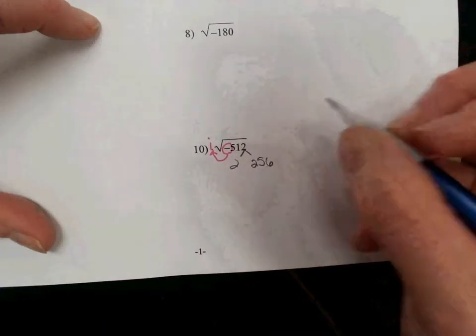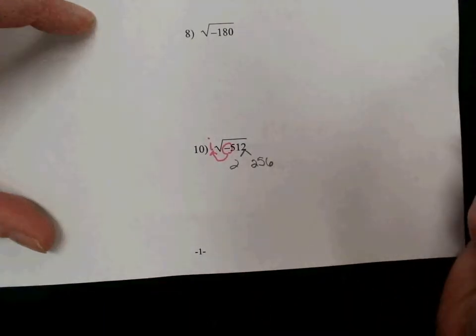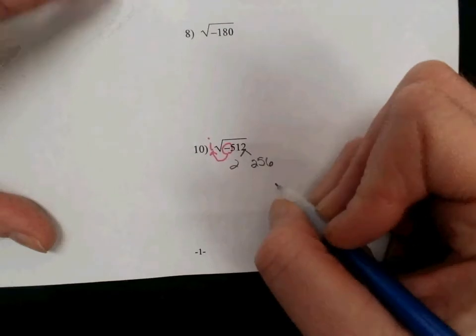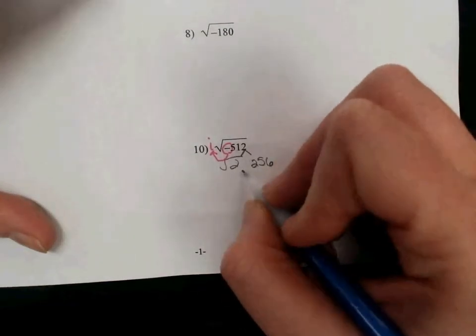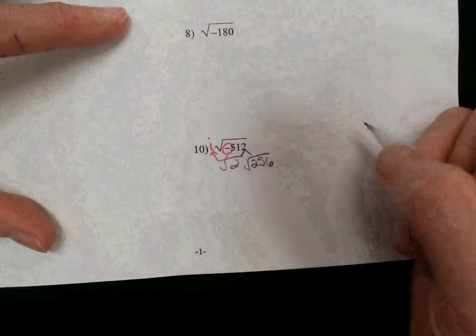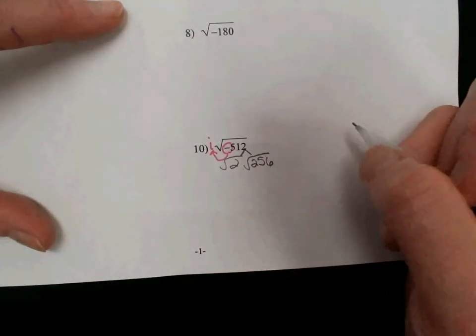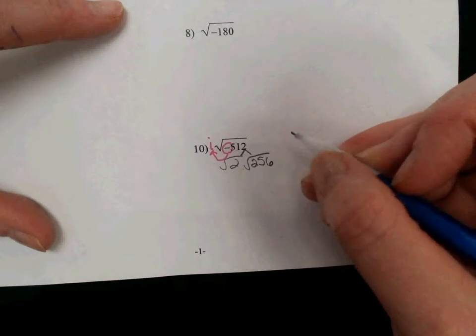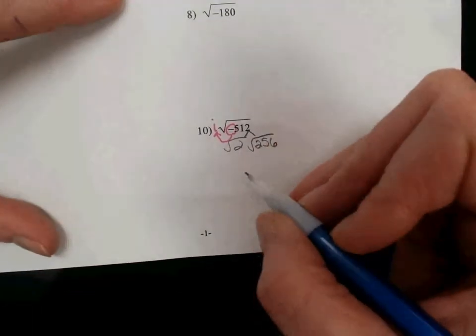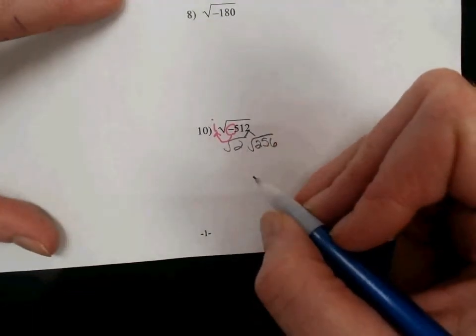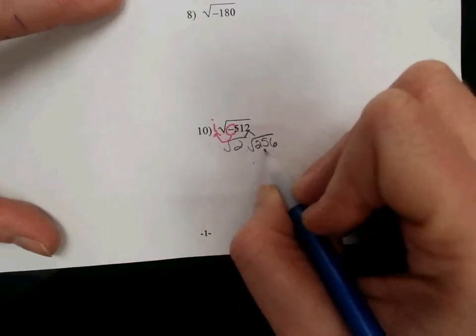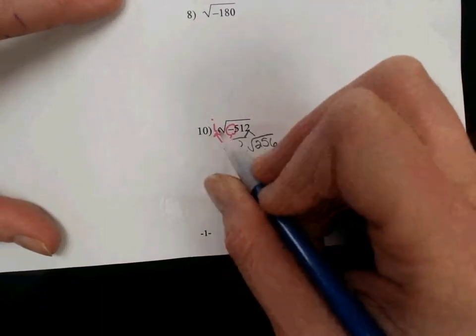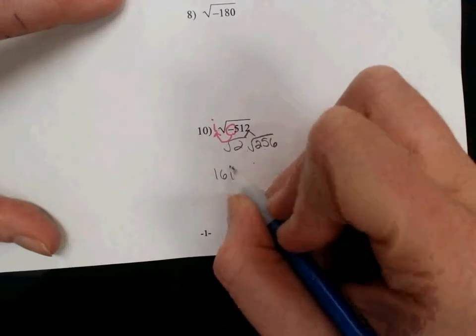Is 256 a perfect square? Yeah. See what happens when you know your perfect squares? It makes it so much easier. If not, just double check or put it in your calculator. Square root of 256. What is that? 16 squared. So the square root of 256 is 16. So it's going to come out with the i. So it's 16i radical 2.